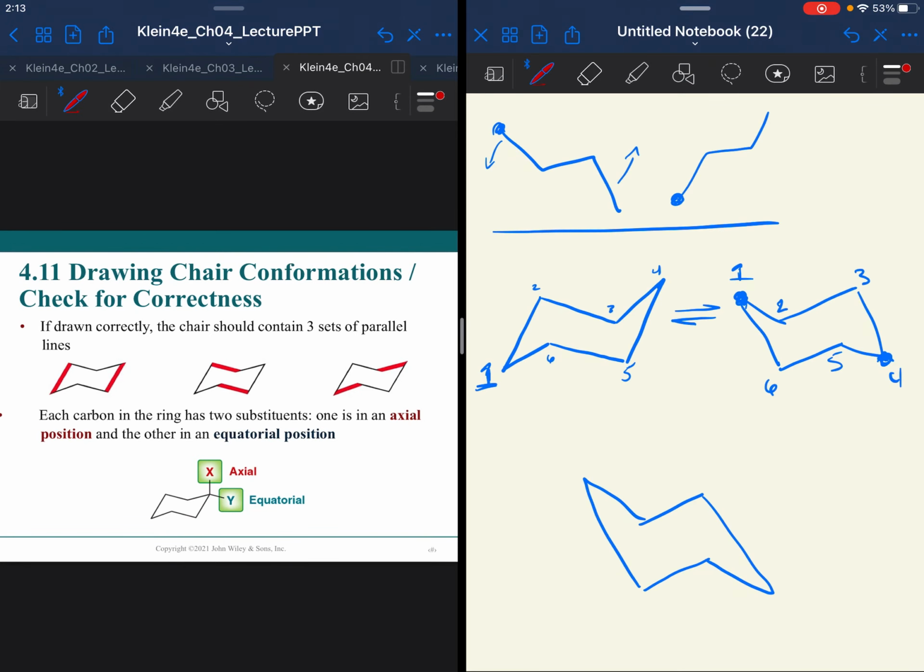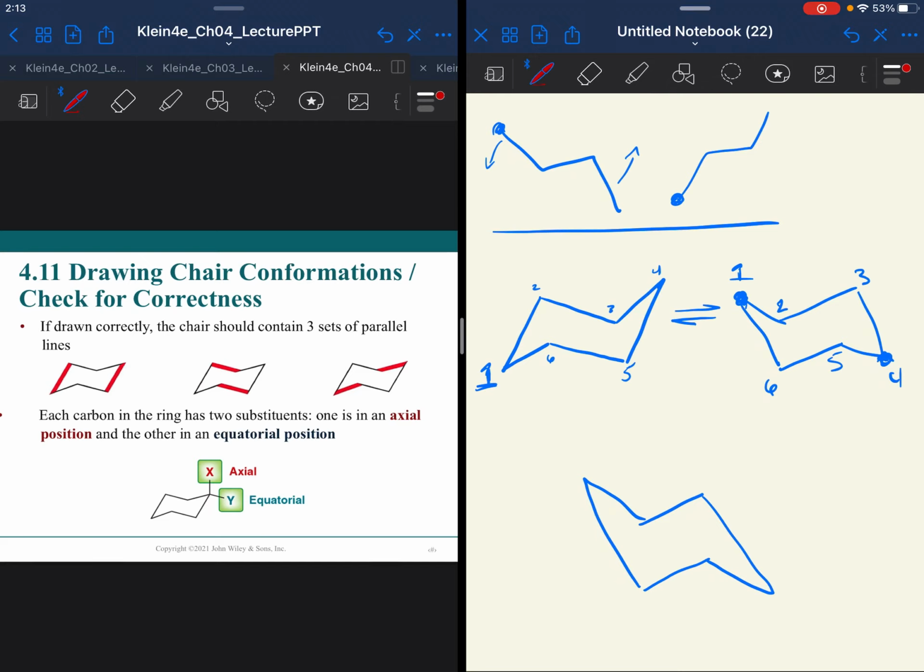Now, I'm going to use red. You have a bond on every carbon that points straight up or straight down. It is parallel to if you could just draw like a bar right in the middle of this ring, going straight up and down on the paper, it's going to be parallel with that bar.